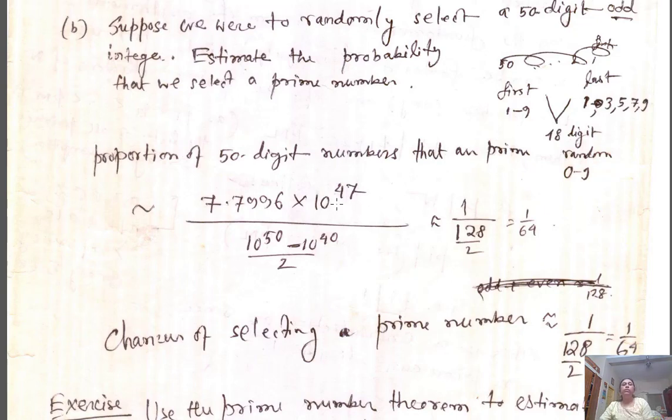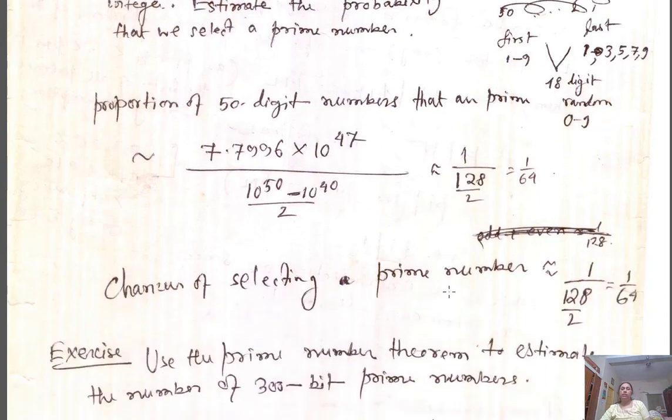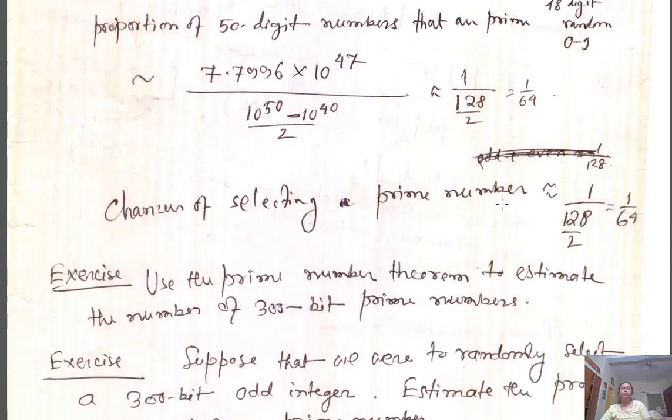So if you pick a 50-digit odd integer, the probability that it is prime is 1 by 64. The chance of selecting a 50-digit prime is 1 by 64.